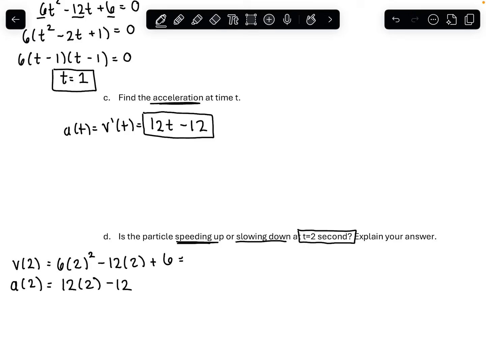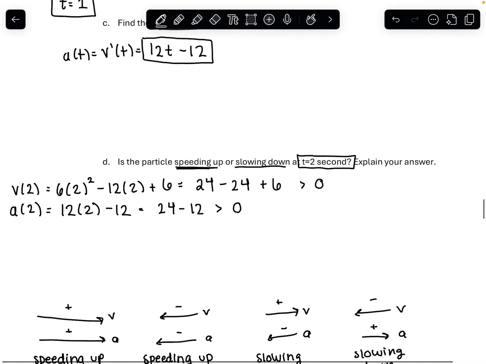So it looks like we're at 24 minus 24 plus 6. So this is greater than 0. And then over here we have 24 minus 12, which is also greater than 0.